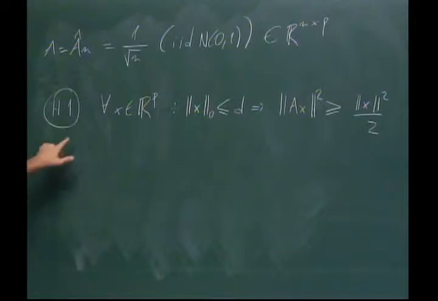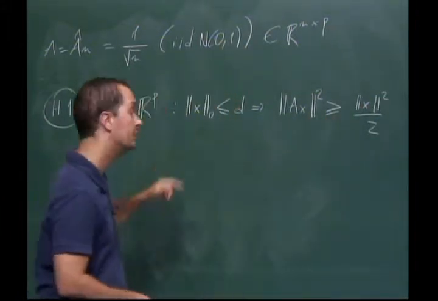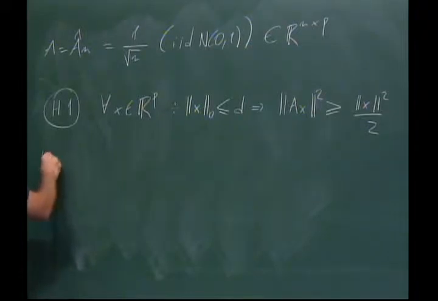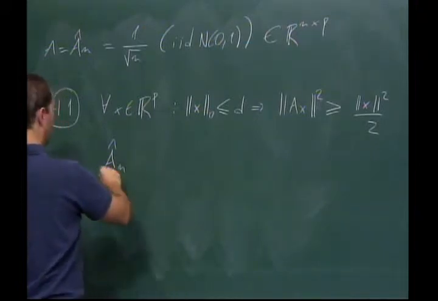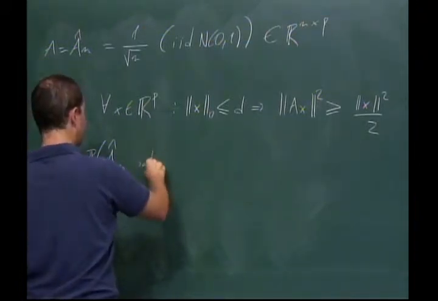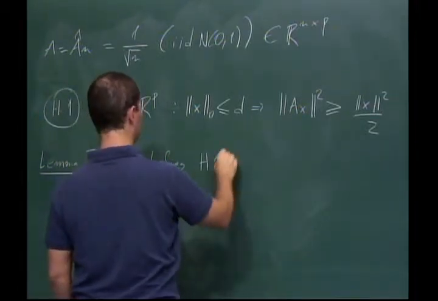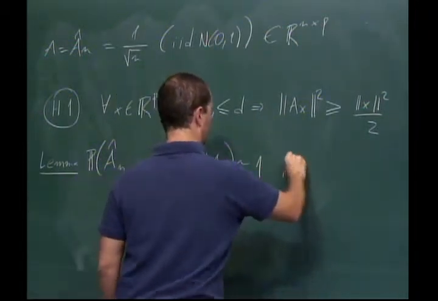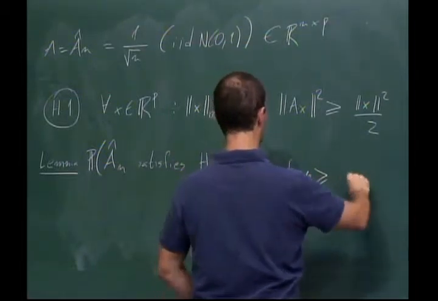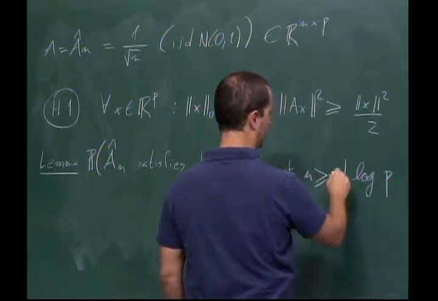This is something that a matrix may or may not satisfy, that it behaves well, in some sense, over all sparse vectors. So our first lemma is that the probability that A hat n satisfies this property, H1, is very close to 1 if n is larger than something like d log p times a constant.